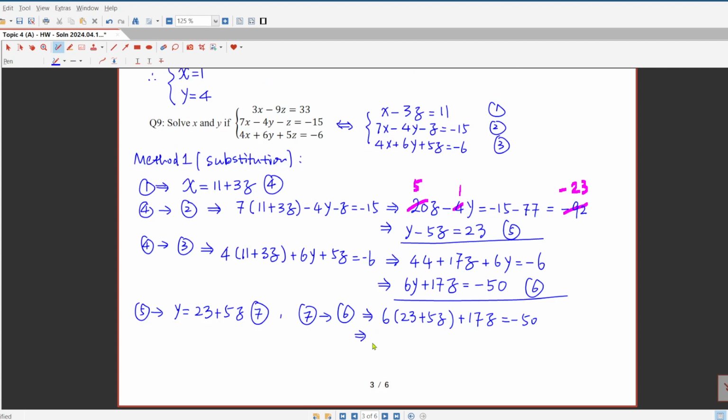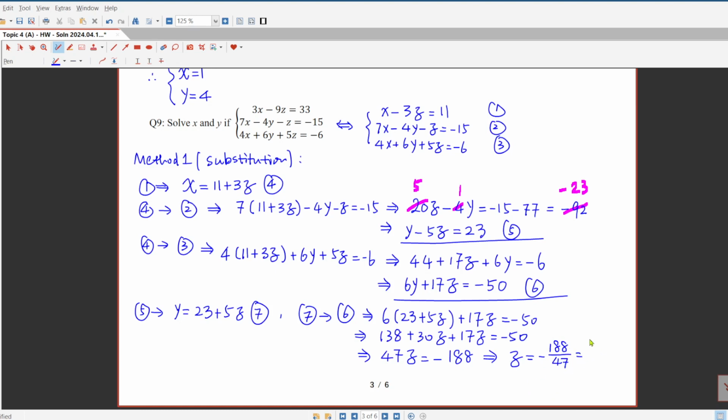Simplify this equation, gives us 138 plus 30z plus 17z equals negative 50, and we have 47z equals negative 188, right? And we can solve z is negative 188 divided by 47.